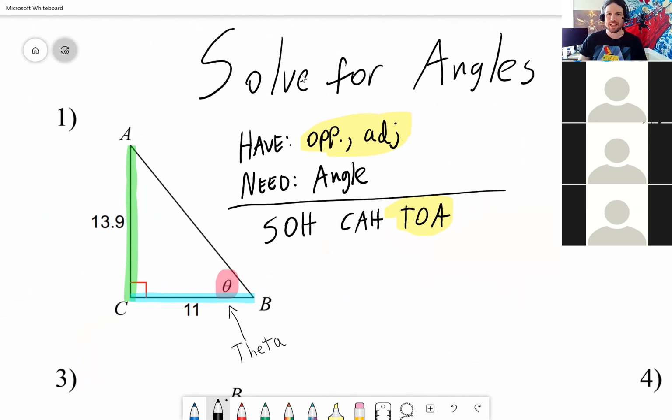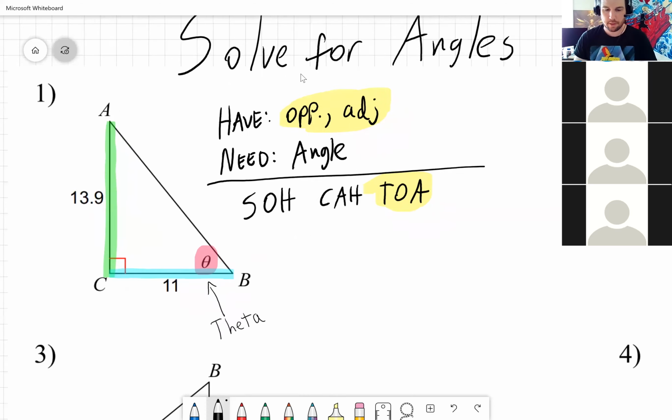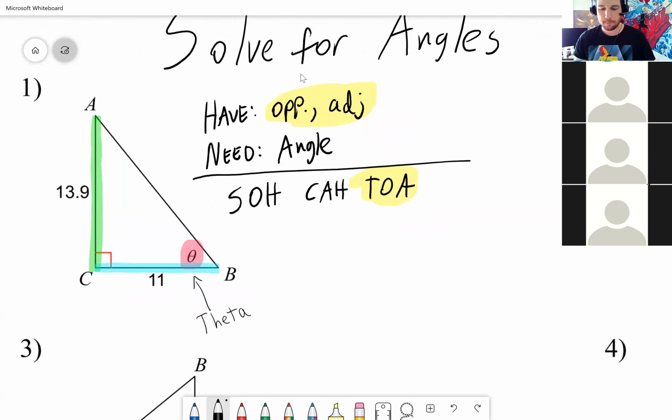Theta is kind of like X in that it's the default letter that we use for angles pretty much from here forward. So just like if you see a distance that you need to find, your first thought is, let's make it X. With angles, it's the same thing except it's theta. So we need to find theta, which is basically X. You can put in X if that makes you more comfortable. I don't care.